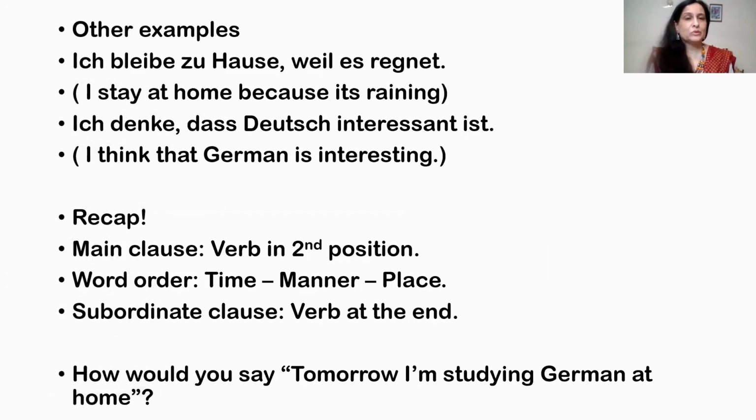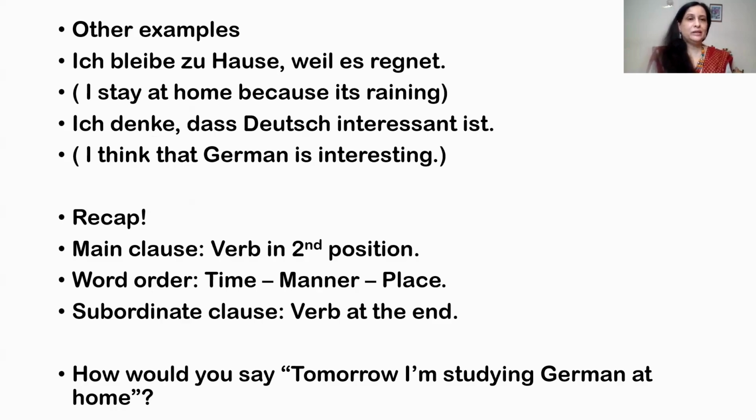Now, other examples also we'll see. Ich bleibe zu Hause, weil es regnet, meaning I stay at home because it's raining. Here also, in the first part of the sentence, the first clause, bleibe, the verb, comes at the second place. But in the second clause, weil es regnet, the verb is moving to the end.